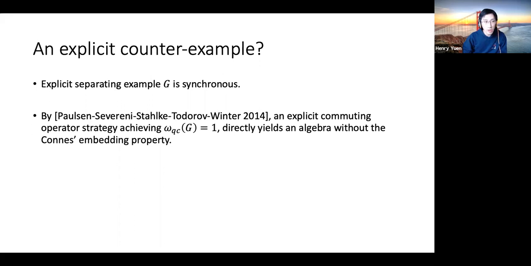And by known results by Paulsen, Severini, Stahlke, Todorov, and Winter, if you were able to exhibit an explicit commuting operator correlation for this specific game, some description of it that achieves this winning probability of 1, this would directly yield an algebra without the Connes embedding property.